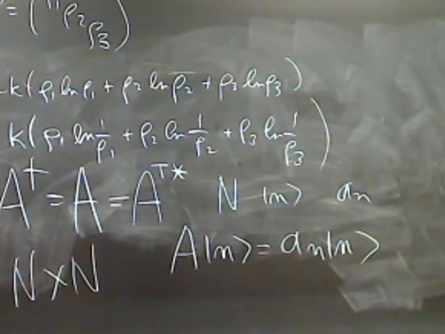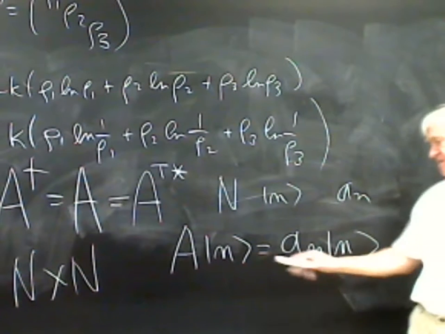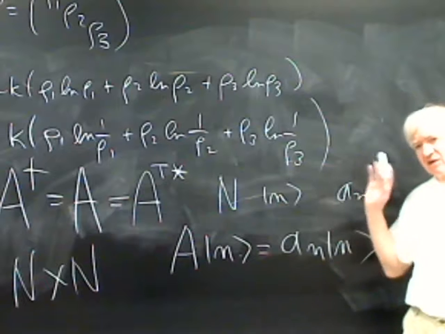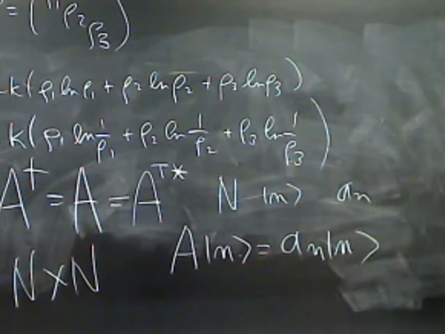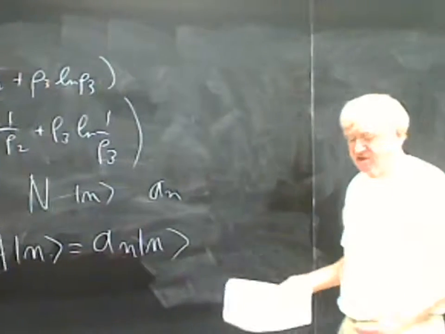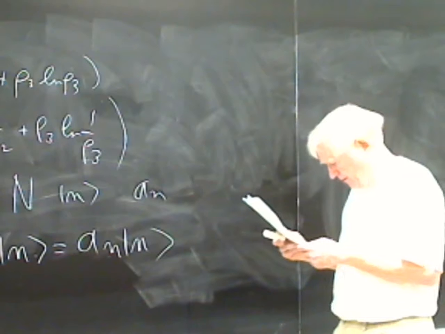Now our task then is to show that these are linearly independent. They can be chosen to be orthonormal and therefore complete, and that the eigenvalues are real, which is one reason why we want the Hamiltonian to be Hermitian and the momentum to be Hermitian, the angular momentum to be Hermitian, because the values of the energy, the momentum, the angular momentum are real.